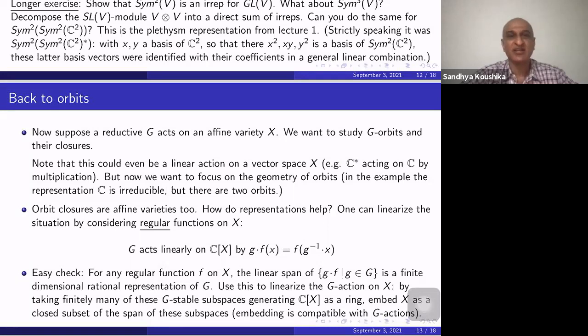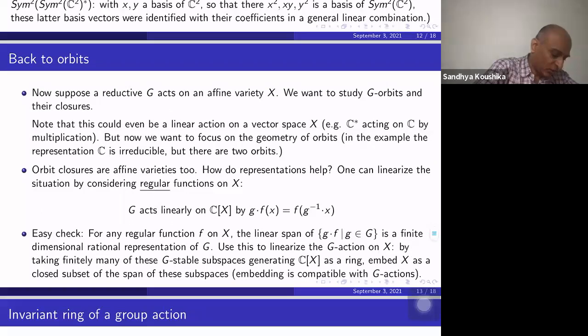Then this procedure is not really very difficult to carry out by hand, if you take a small concrete example. And so what this does is that it opens up the path to study orbits by using representation theory or linear algebra.